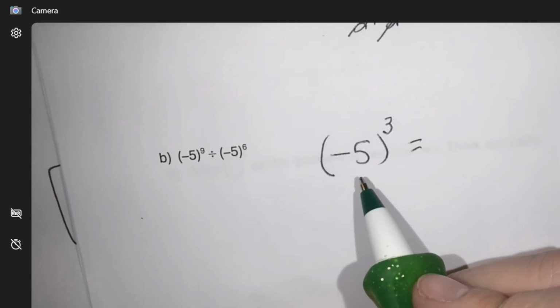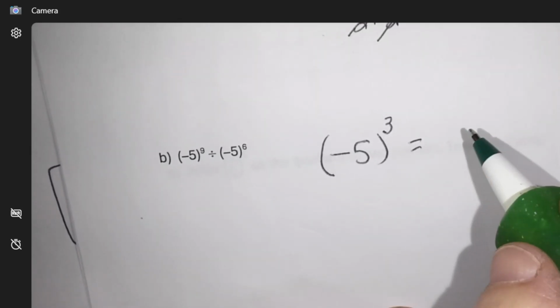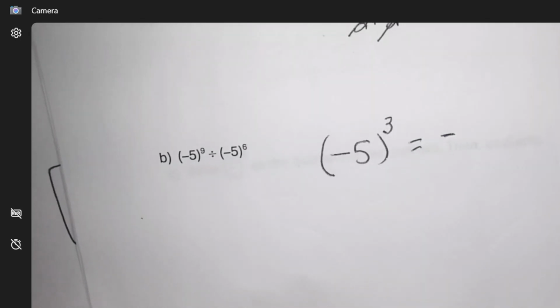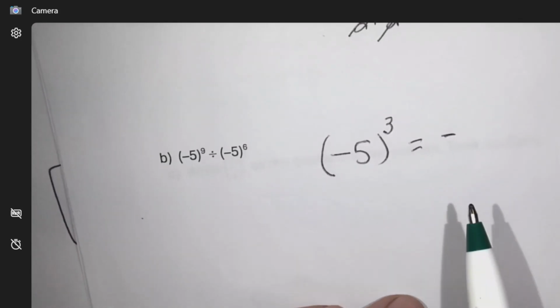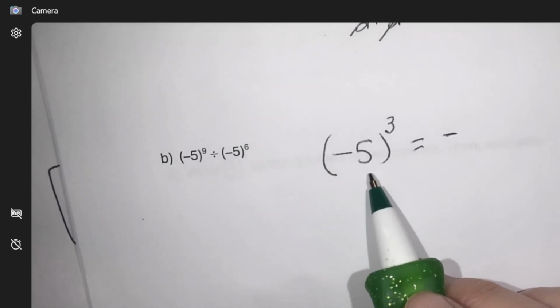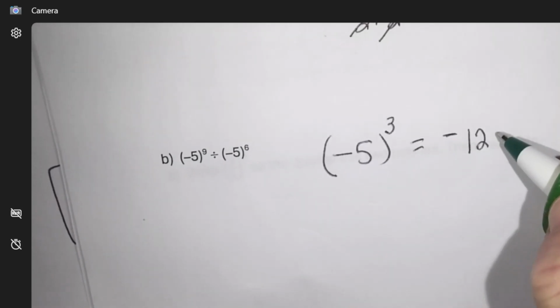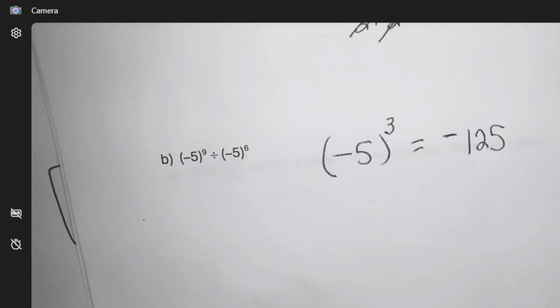What's the positive or negative? Negative. Negative 75? Oh, 75. Okay, what's 5 times 5? 25. Think about a quarter of money. Another 5. What if you have 5 quarters? 75. Like I said, 125. 5 quarters, right? Okay.